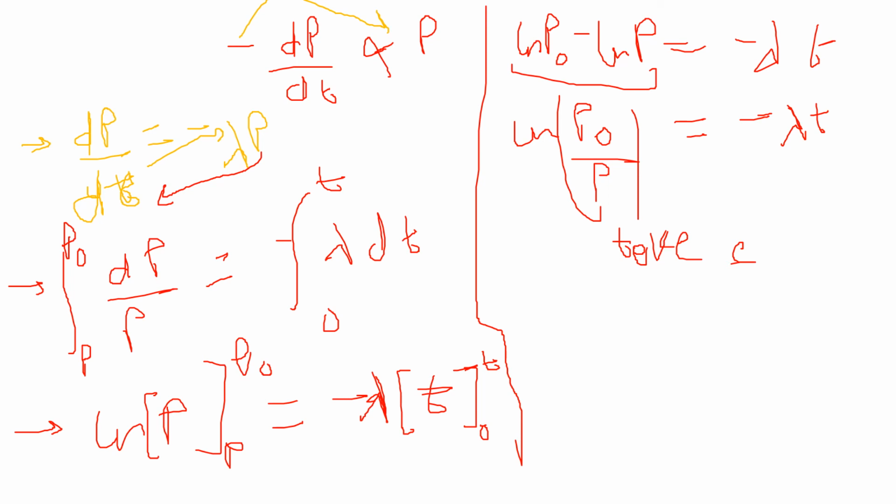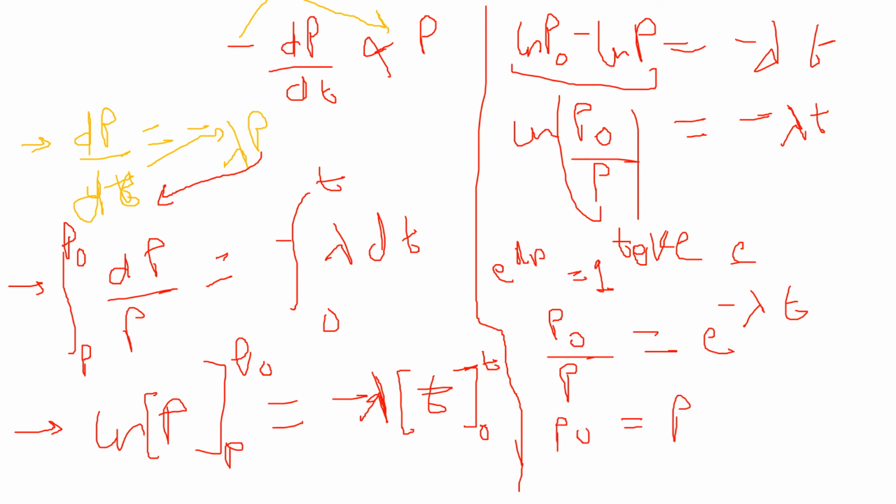So e raised to the power ln is nothing but the same thing, 1. So we can write the LHS as P naught upon P, whereas the RHS will become e raised to the power minus lambda t. These are nothing but simple mathematical identities and operations. Okay, so this is our dating equation.